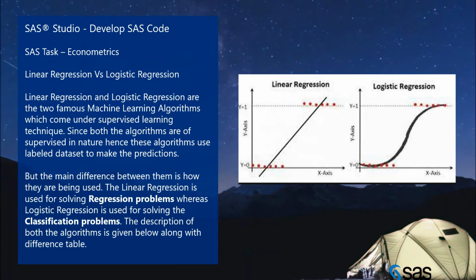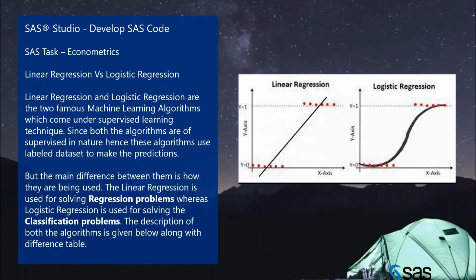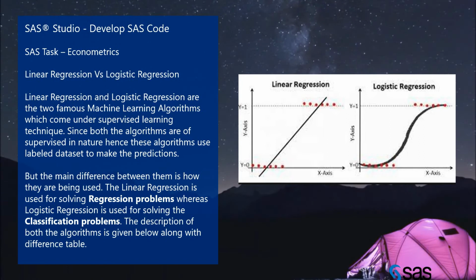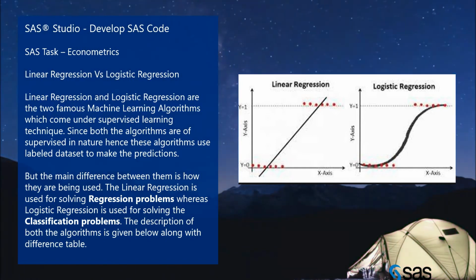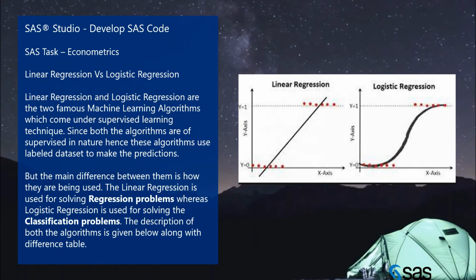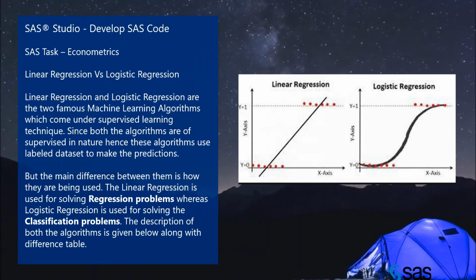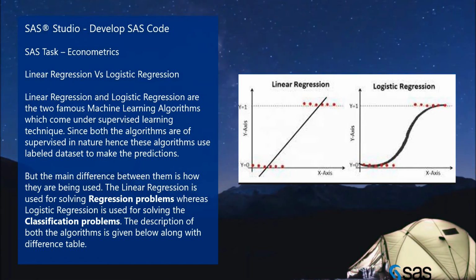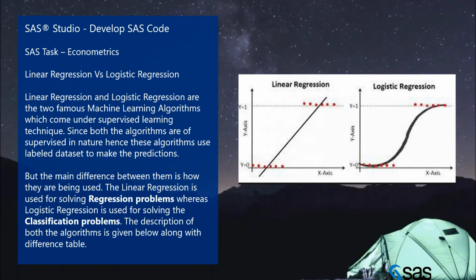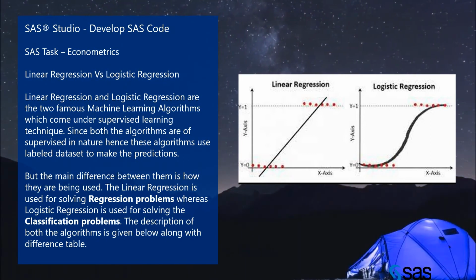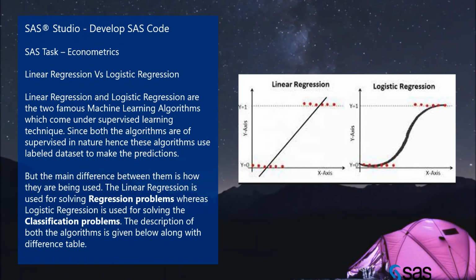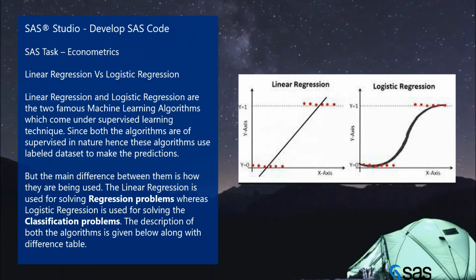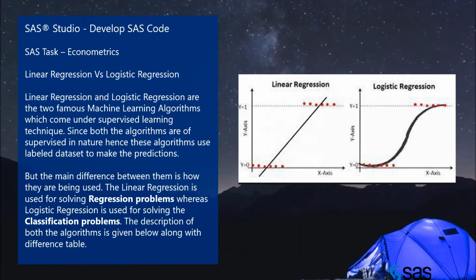Linear regression versus logistic regression: where do we use linear regression and where do we use logistic regression? Linear and logistic regressions are two famous machine learning algorithms which come under supervised learning, because we have labeled data here. Since both algorithms are supervised in nature, they use a labeled data set to make predictions.